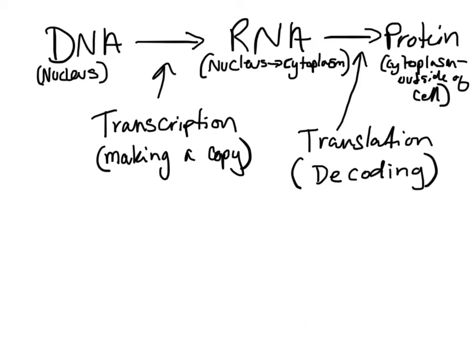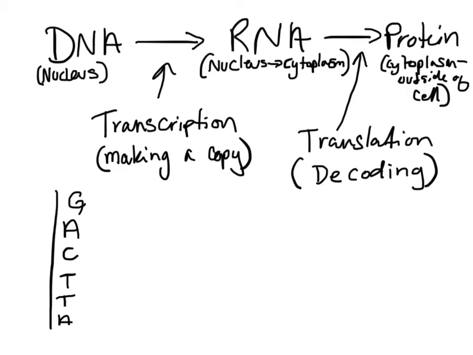So if we had a coded section of DNA and it was G, A, C, T, T, A. Okay, so here is my DNA.